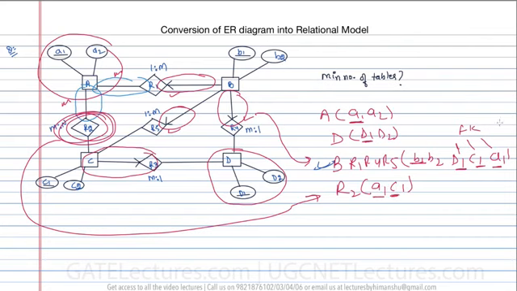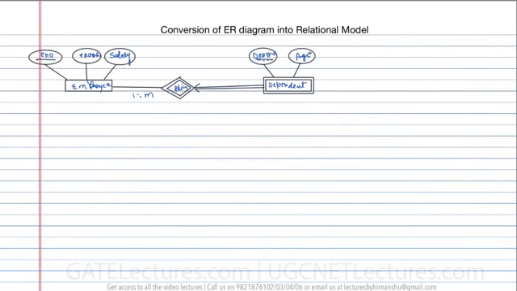Both A1 and C1 are key attributes. And for C, we have to create a relation which is combining C and R3. It is having C1, C2 and D1, so D1 and C1 will be there. So this is how you can easily convert an ER diagram to a relational model.